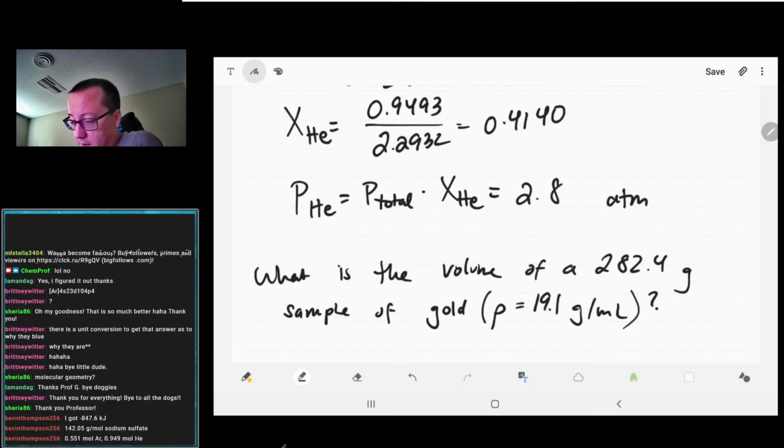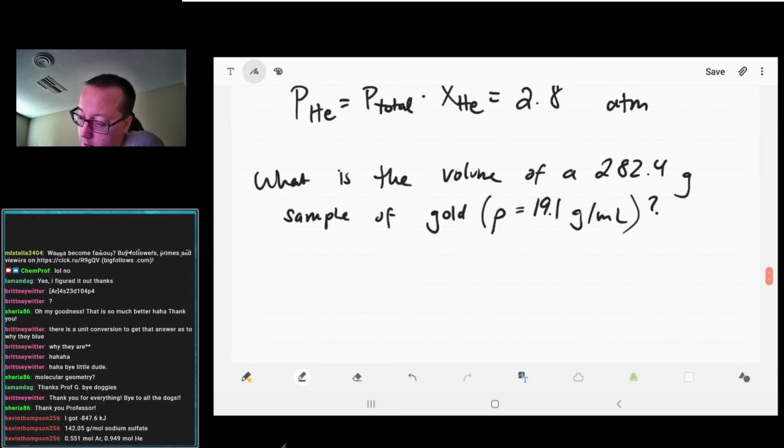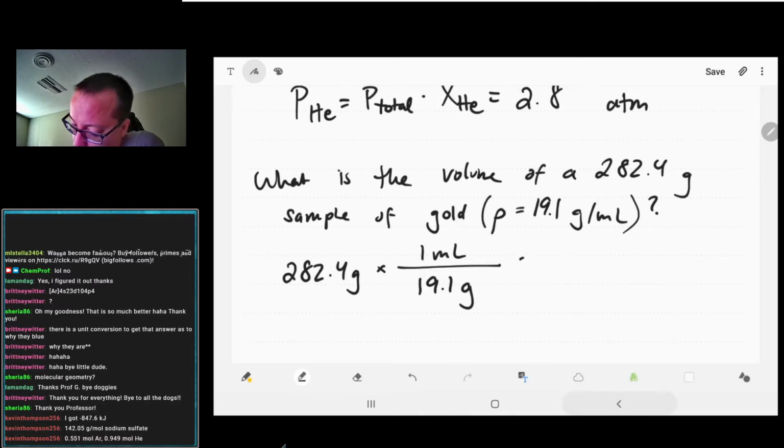So density is just a unit conversion factor. Nothing new here. Always start with your measured quantity. Measured quantities have one unit. And then we're going to want to put our grams on the bottom, milliliters on the top. And hooray, we can go ahead and calculate it. 282.4 divided by 19.1.